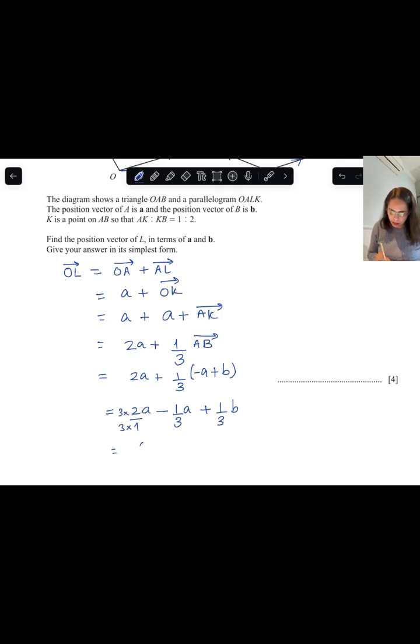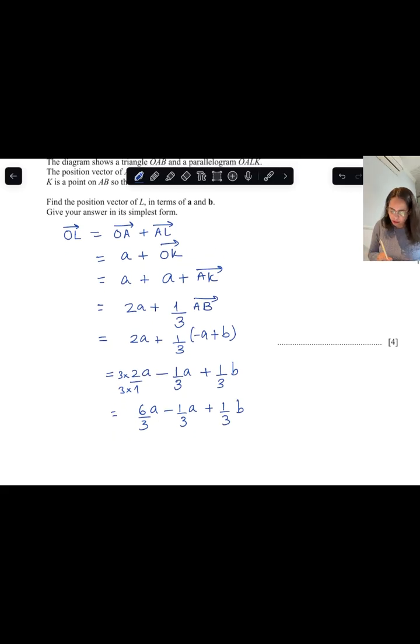So this is 6 over 3 a minus 1 over 3 a plus 1/3 b. So 6 minus 1 gives me 5. So this is going to be 5/3 a plus 1/3 b. So that's about it. 4 marks for this question.